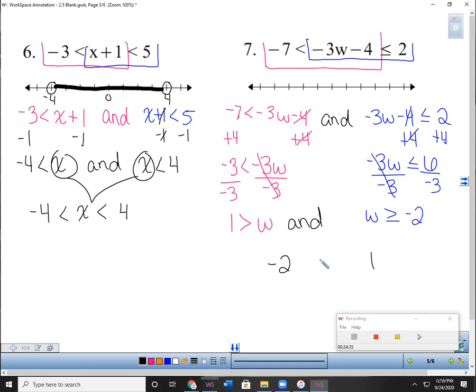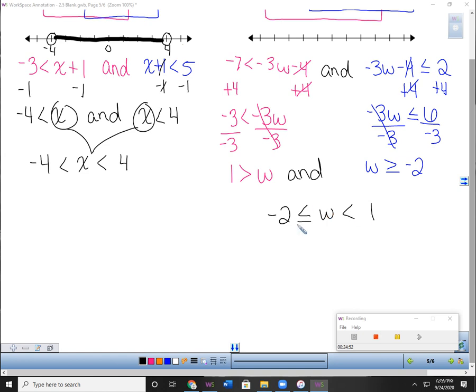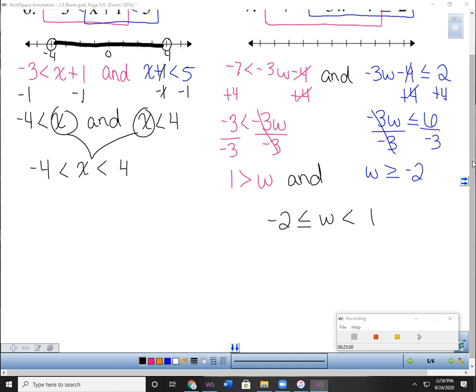I'm going to put my W in the middle. So on the side with the negative 2, I should be pointing at the negative 2. On the side with the 1, I should be pointing at the W, which is how it should be. They should always face that way. If they don't, then you either did something wrong or you might have one of those special cases that do something weird.